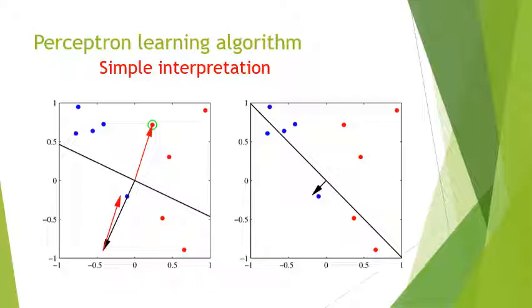For an example, for the red sample, let's say for red it is +1 and for blue it is -1. So now my x is this and my w vector is this black one. Because every time I have a positive sample, I need to add these two vectors. When I add these two vectors, this is my new vector now.